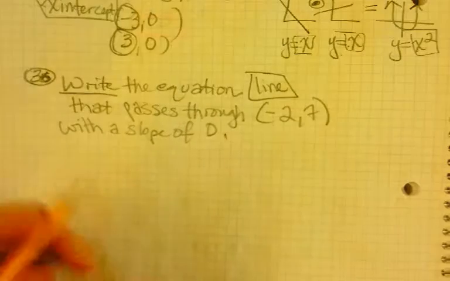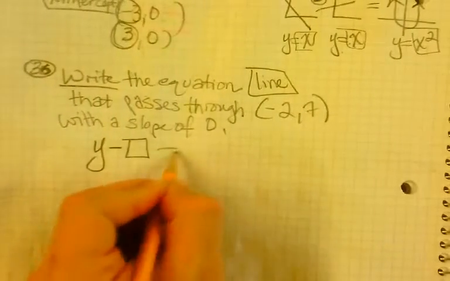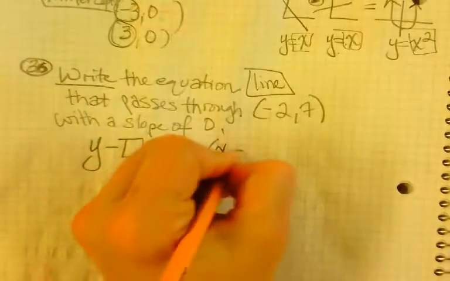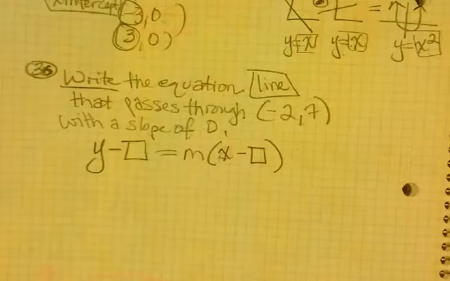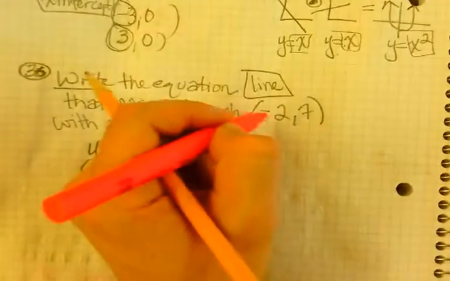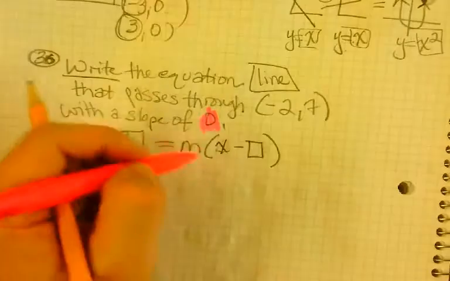So as always, we know our equation, right? We know that it is y minus something equals m times, x minus something. And we just need to kind of take all of these pieces here and put them where they're supposed to go.